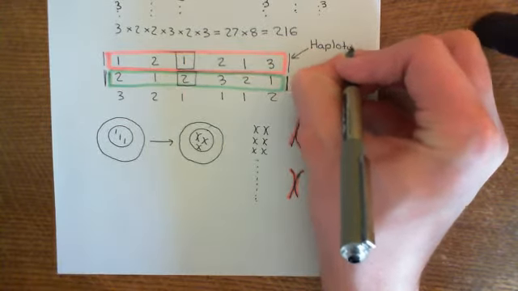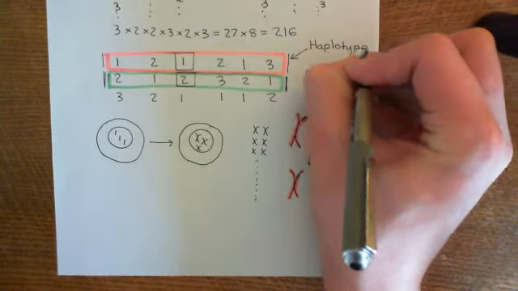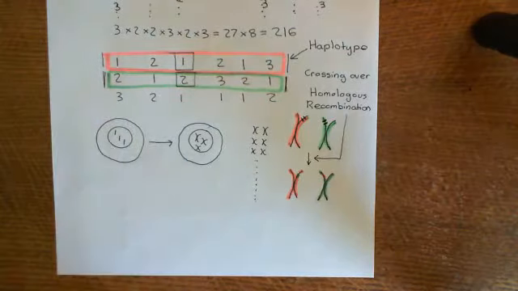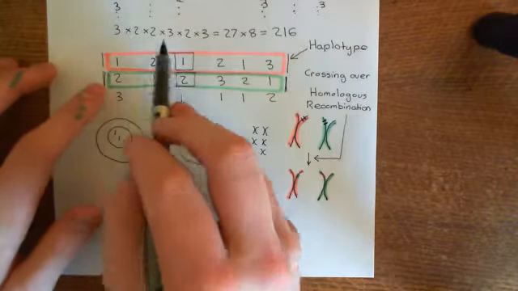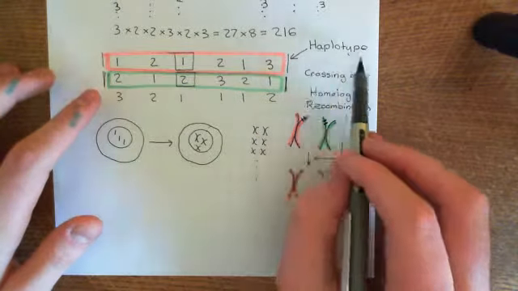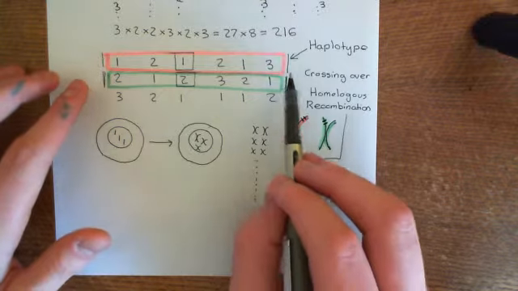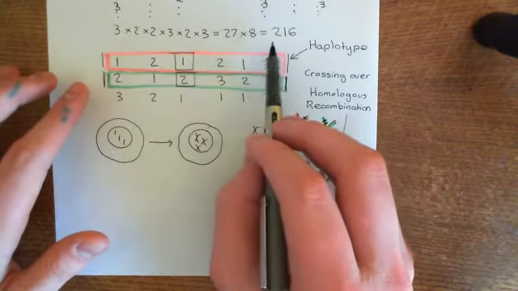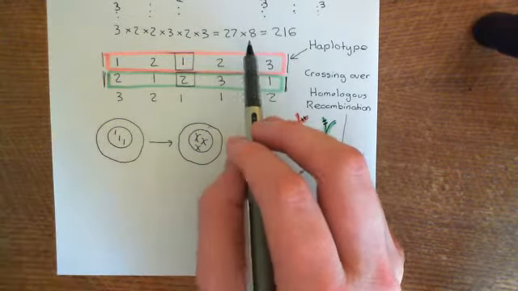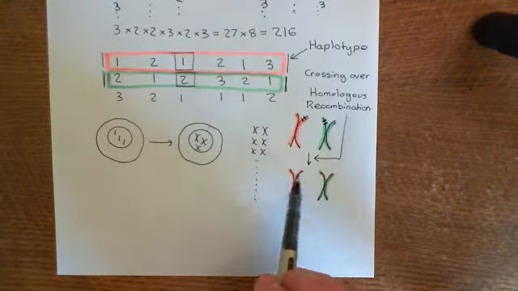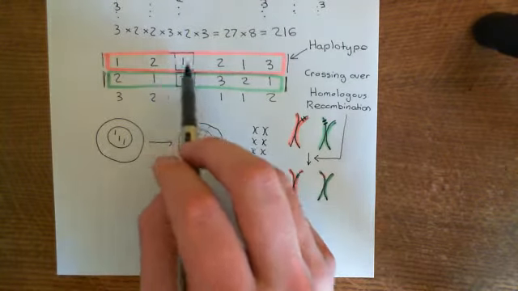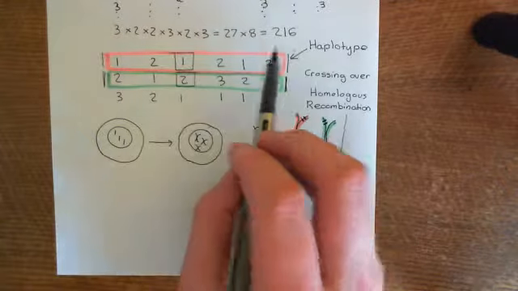Okay, so they're inherited all together, and that's why you only have certain combinations. So your combination of genes will be called your haplotype, okay, but there are only certain haplotypes, and the reason there are only certain haplotypes is that you don't have this swapping over within this locus, basically.